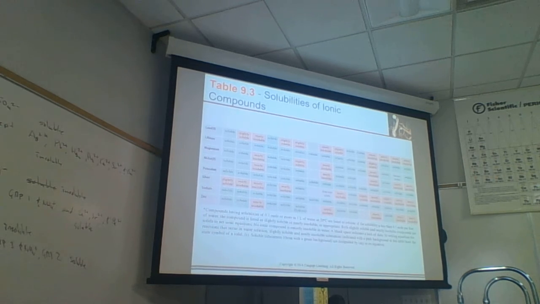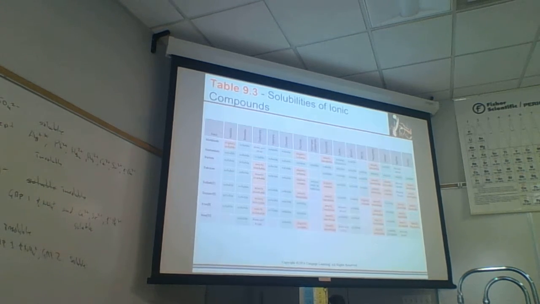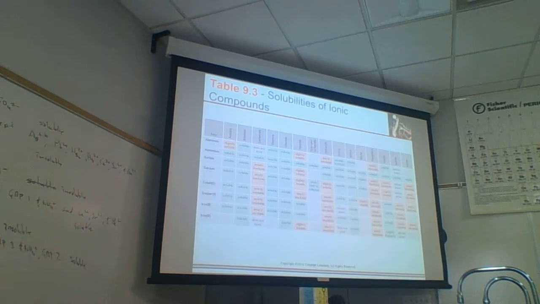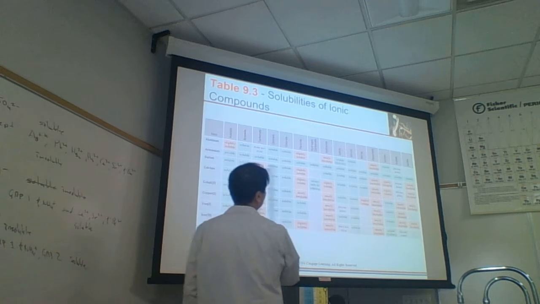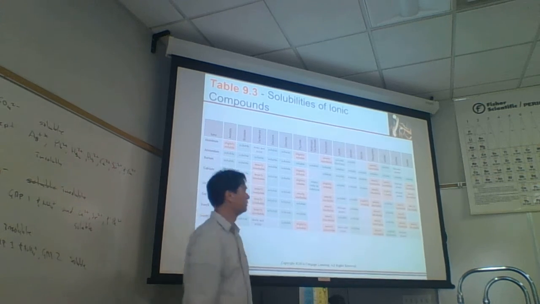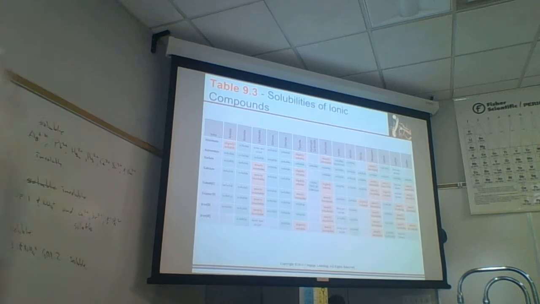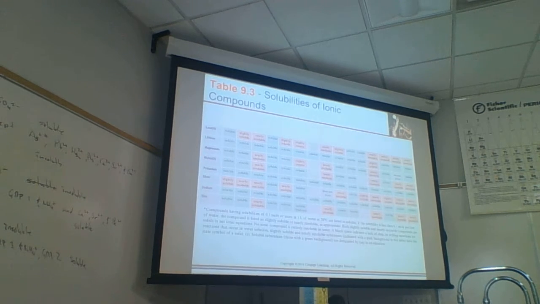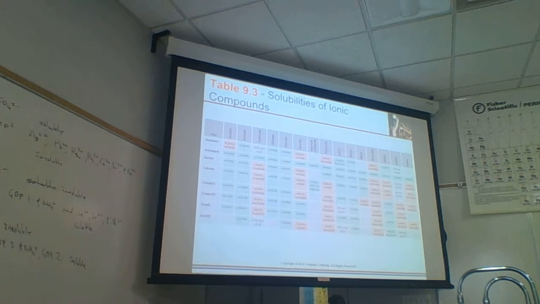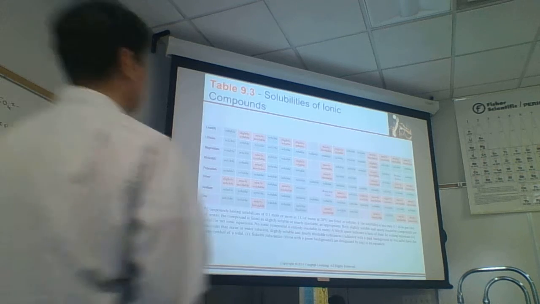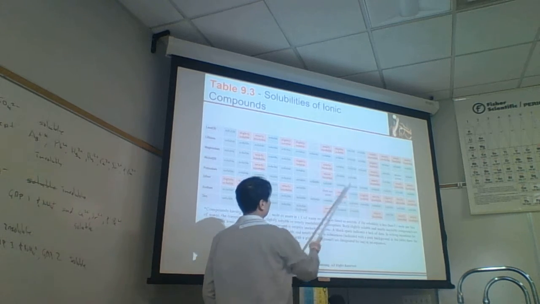And then finally, iodides. We're going to take a look at the iodides. Iodides are soluble except for lead and silver.